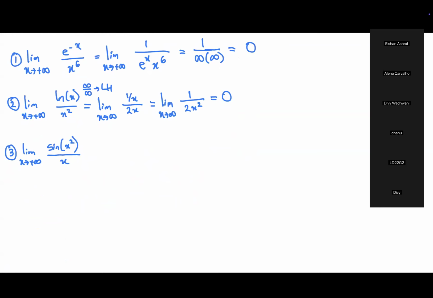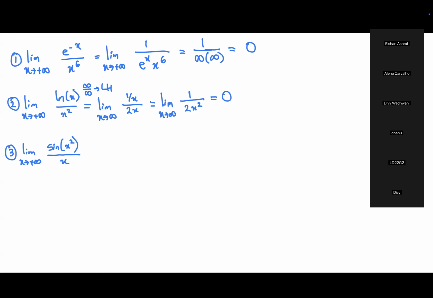At first, it's a little confusing because for trig functions, I'd like to use the trig limits that we've seen, but we have an x squared here and an x here, so we can't exactly use that. And also, x is not tending to 0 as we want it to. x is going to some large value, so it's going to infinity. So what's the next thing we can do?